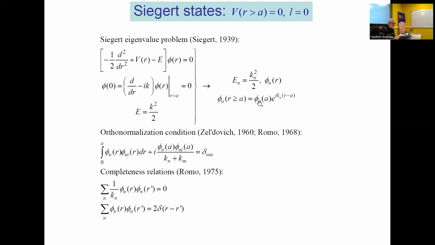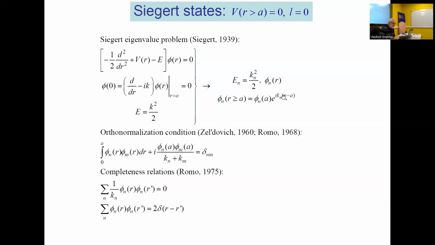Let us use this form of the eigenfunction outside point A and consider the usual integral from 0 to infinity of two eigenfunctions. The part of the integral from A to infinity can be calculated analytically, since we know the analytical form of the eigenfunctions outside A.